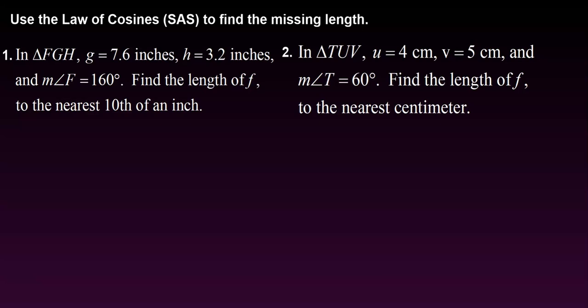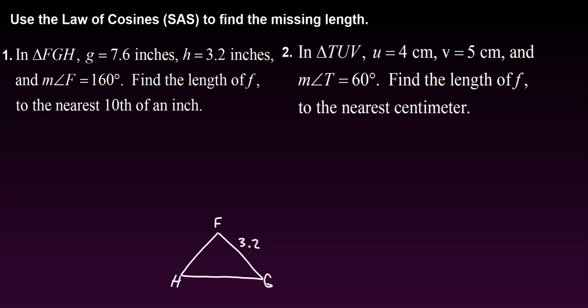Now, here's the thing. Right now, I've told you that we are using law of cosines on this. But in future problems, you may be given this without the direction of cosines. So you always need to look to see if you have what you need in order to do this. They gave us H, which is 3.2.